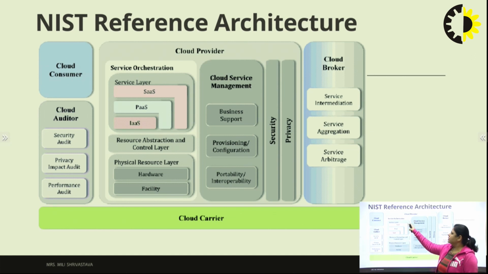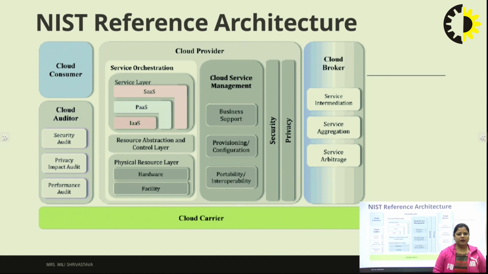What kind of service is provided by the cloud provider? Software as a service. For this service we can take the example of Gmail. Gmail is a software and we can access that service only with the help of a cloud provider. Many cloud providers, this is software as a service.